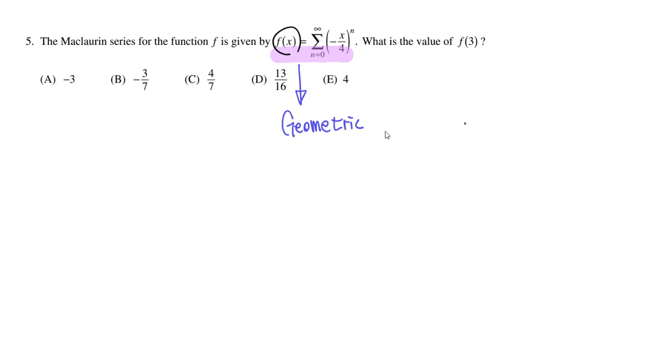When we add up infinitely many terms of a geometric series, there is a formula. It looks like this. r represents the ratio, and a represents the first term.